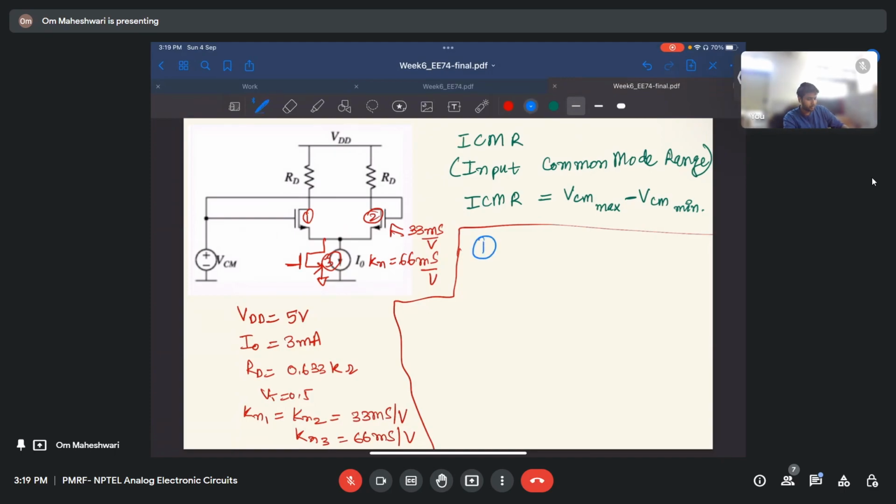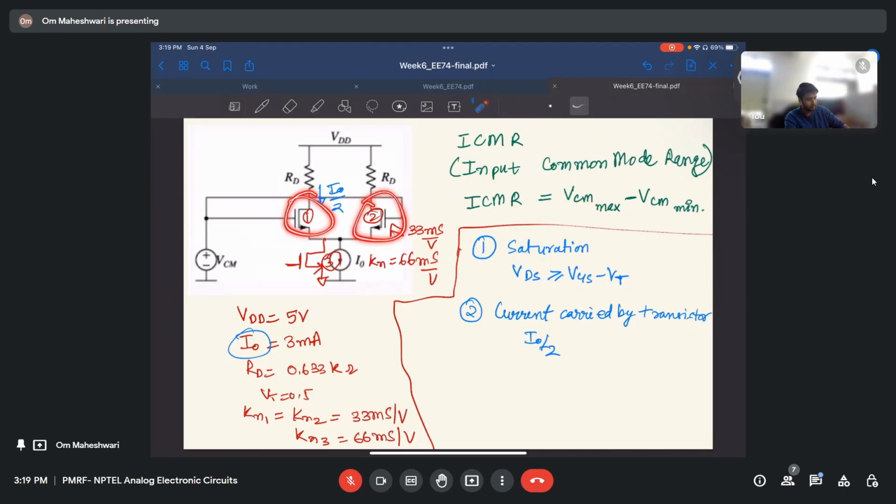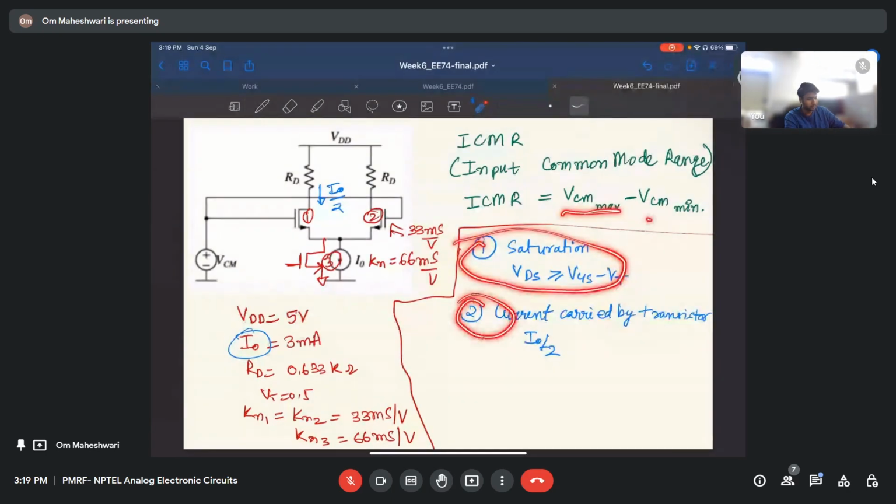One is the saturation condition, where VDS is greater than or equal to VGS minus VT. And second is the current carried by the transistor. If I naught is there, I naught by 2 will flow here, right? So I naught by 2 current should flow through these two transistors. That is the second condition we apply. One condition will give us the maximum and the other will give us the minimum. So let us try to solve this.